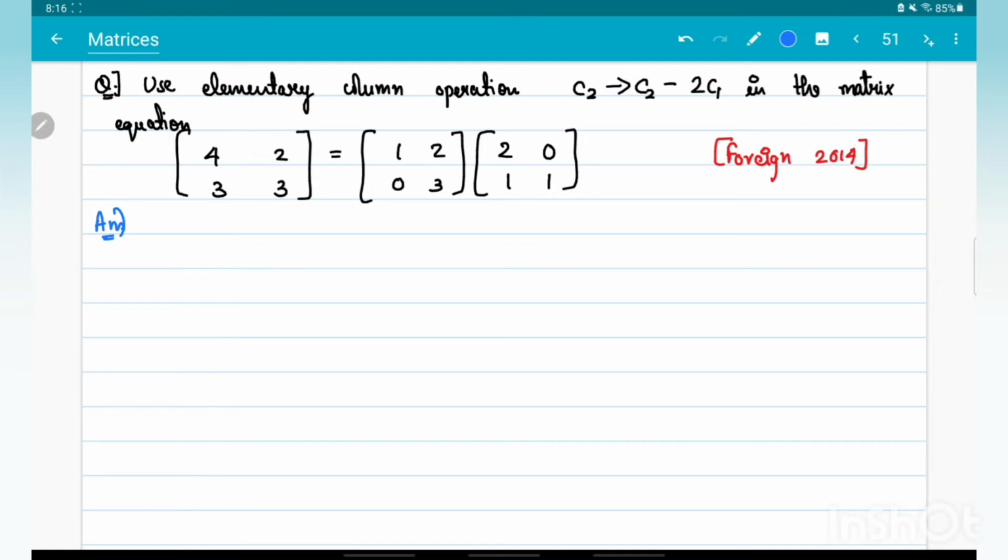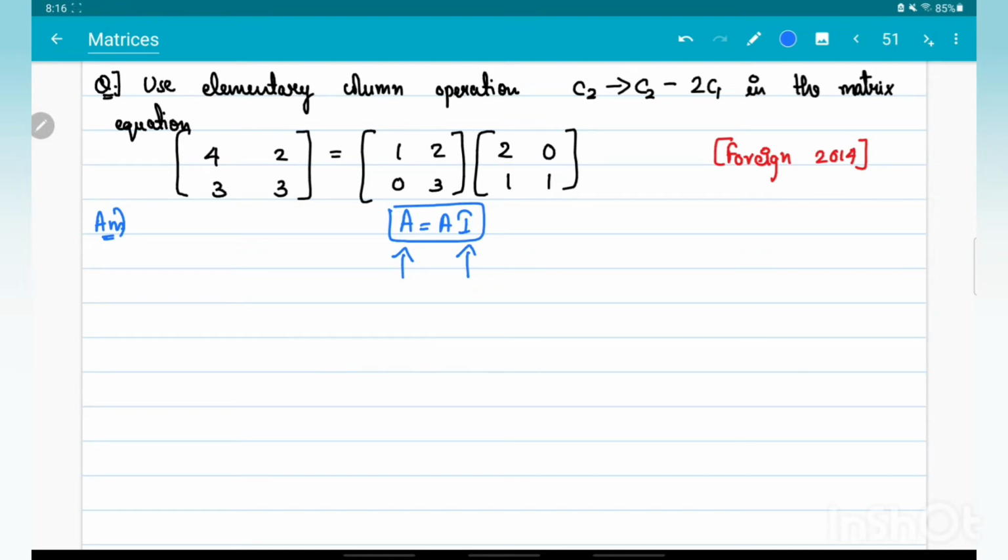This is one of the previous year questions, and in this question they have asked us to use the elementary column operation. They have also given us the elementary column operation, this one, and they have asked us to apply it in the matrix equation. We know that in case of column operation, we write A is equal to AI, and then we apply the column operations on the left hand side matrix A, and the same column operations simultaneously on the second matrix of the right hand side.